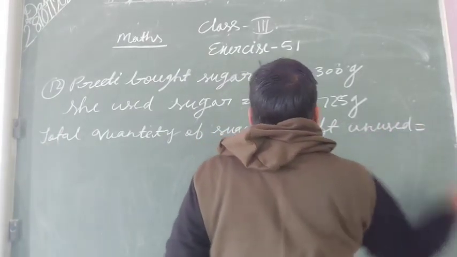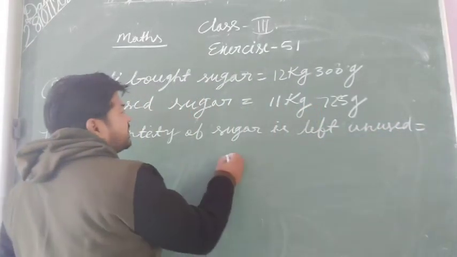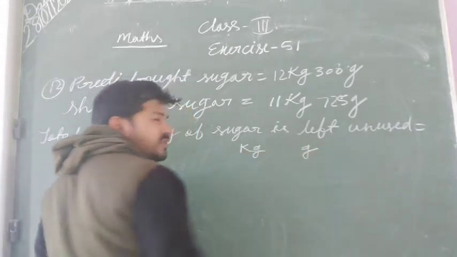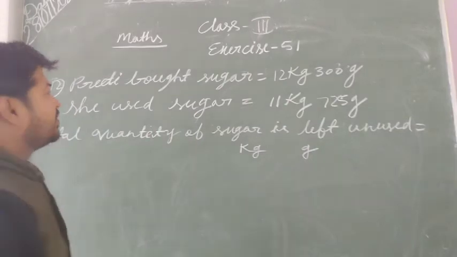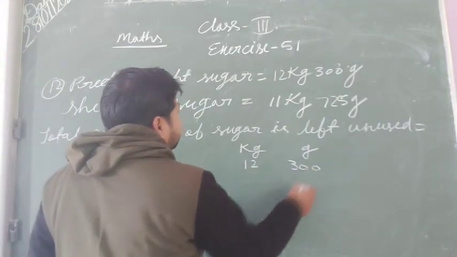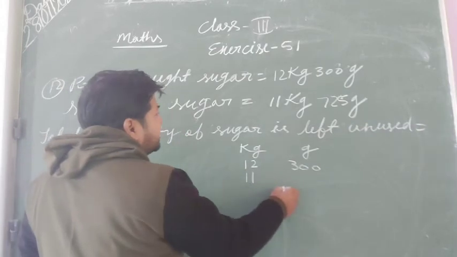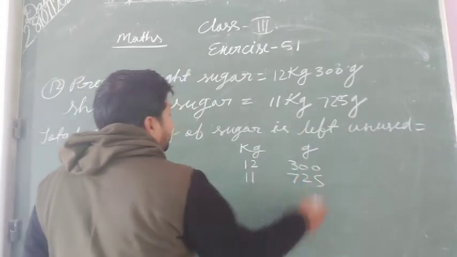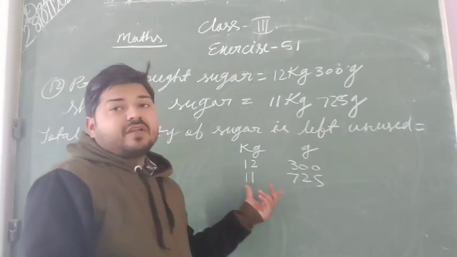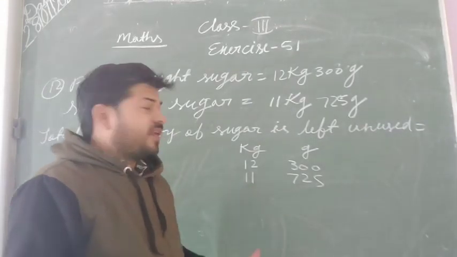So what you do? You have to subtract here in kg and gram. You have to write in kg and gram, then you have to subtract. So from 12 kg 300 gram, you will subtract 11 kg 725 gram.